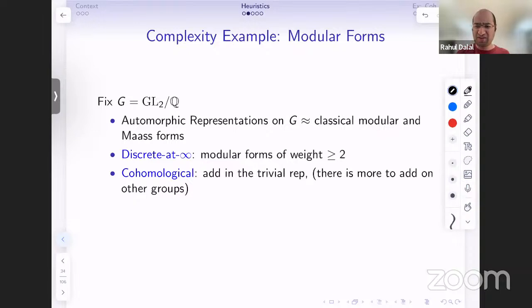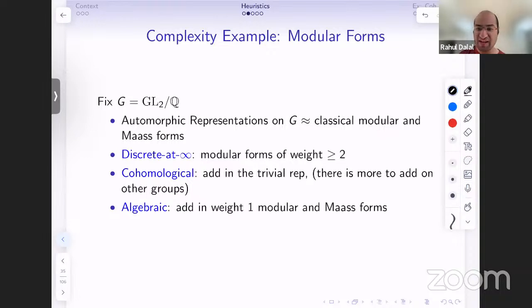On other groups, you have strange things that are in between the case of the trivial representation and the case of the discrete at infinity, some kind of interpolation between them. When you care about the cohomology of locally symmetric spaces, whatever fits into this interpolation comes up. That's how you can think about cohomological things a little more concretely.